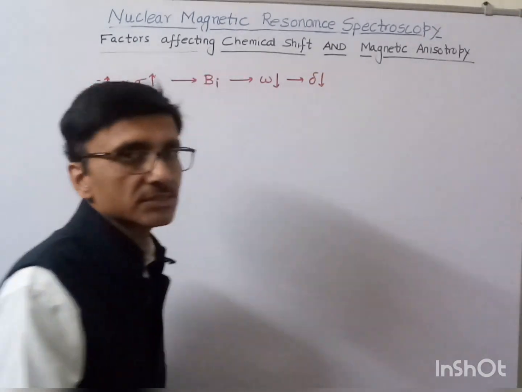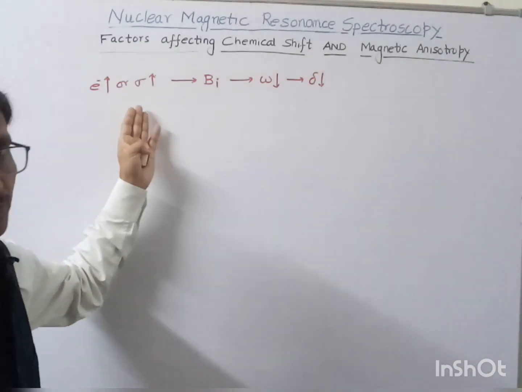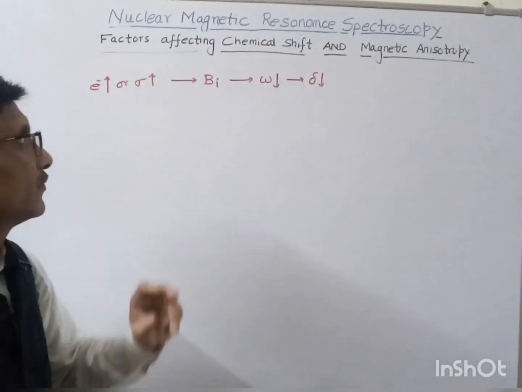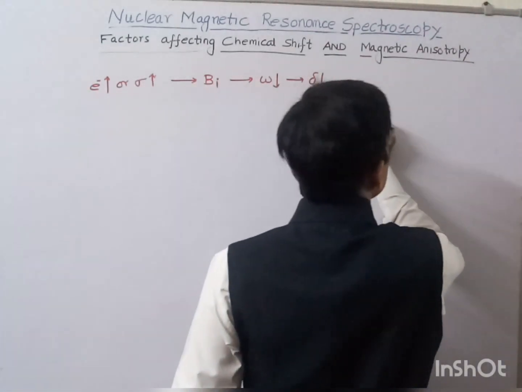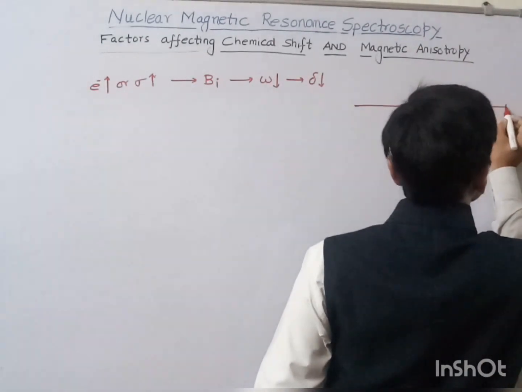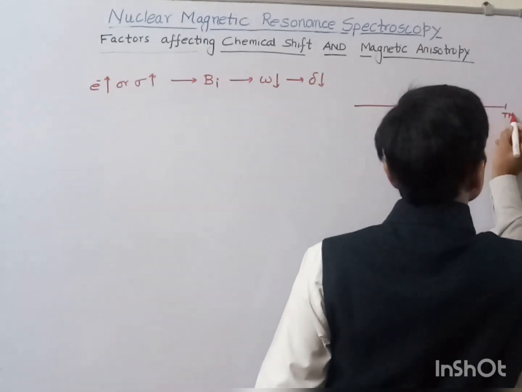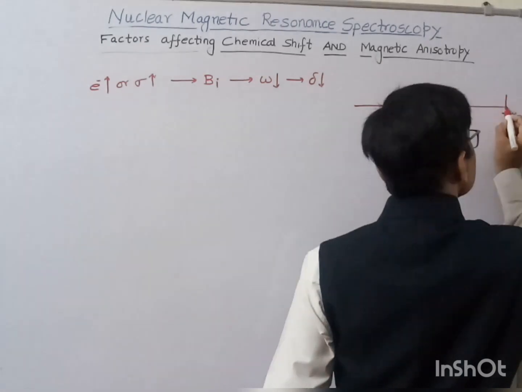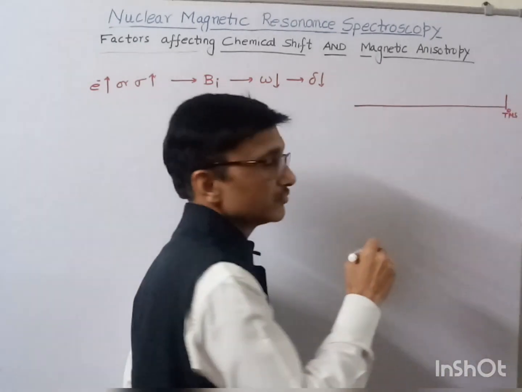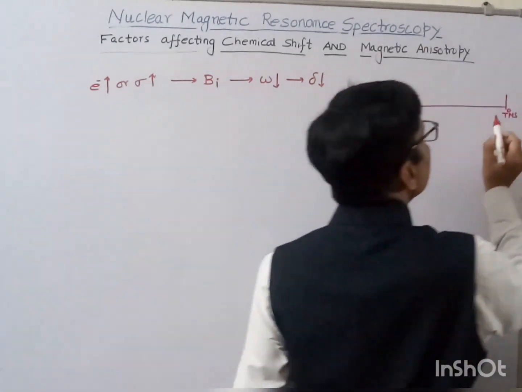So simple. This is the main concept that we should remember when we discuss the factors affecting the chemical shift. If you see this scale, TMS is taken as a reference at 0, and the signal due to TMS we arbitrarily take as 0.